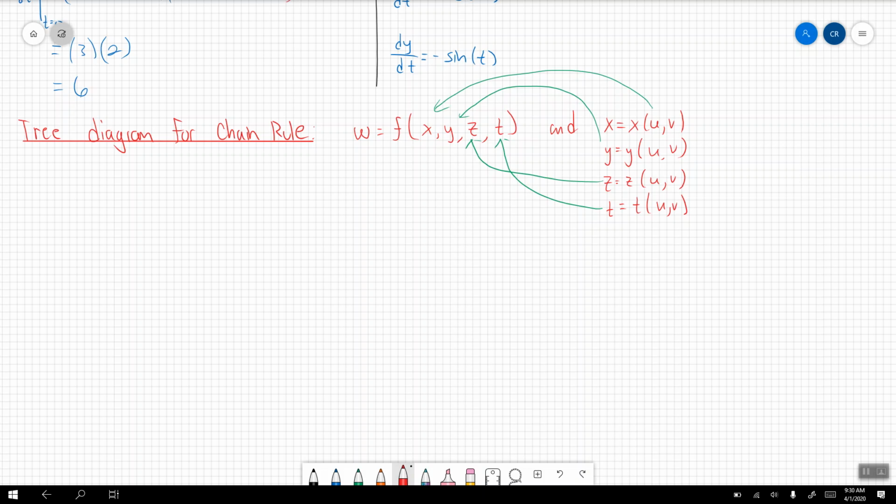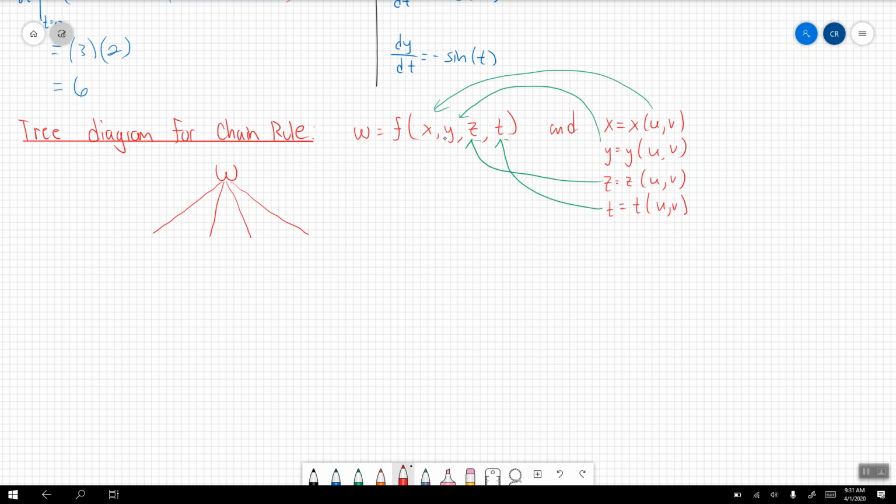The tree diagram is going to start with the function that you're observing. So here we're going to have w. That's the function that we start with. W is then broken up into smaller functions.